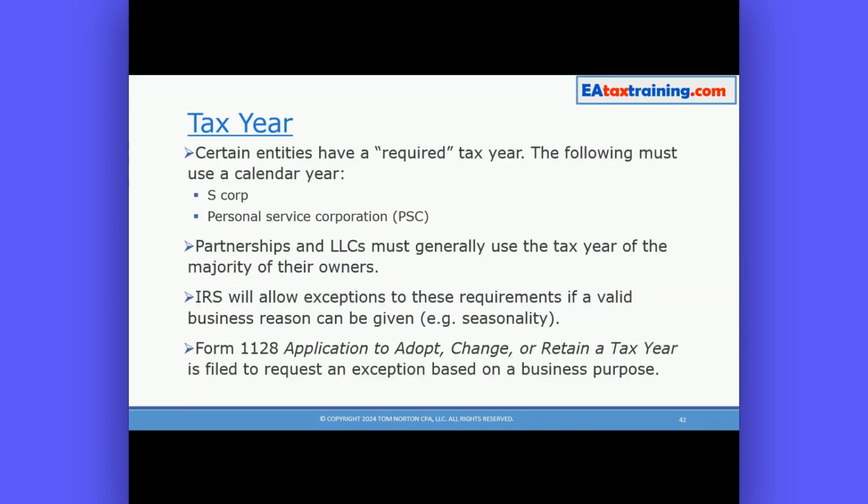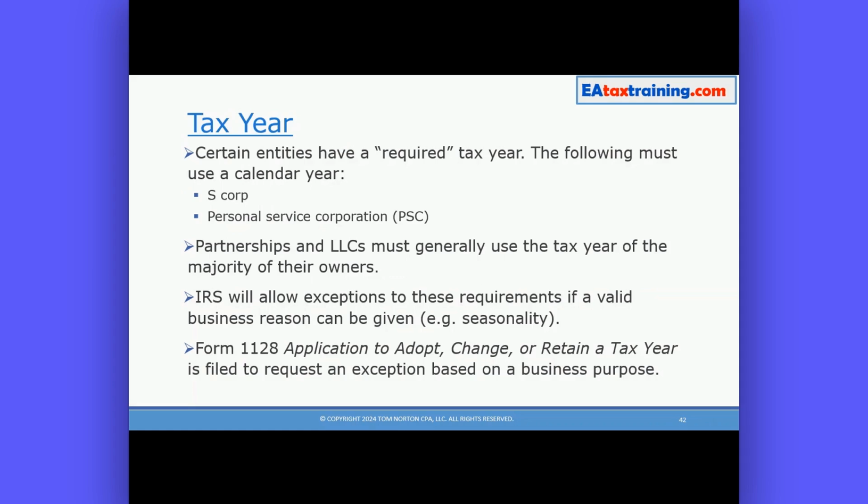There are certain entities, as I said, that have a required tax year. So some entities must use a calendar year. If you have an S Corp or a personal service corporation, you have to use a calendar year. Partnerships and LLCs must generally use the tax year of the majority of their owners.